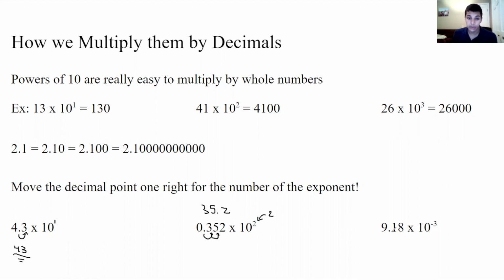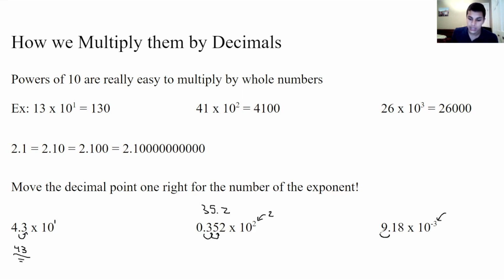And with this example, this one's a little bit tricky. We actually have a negative number in the exponent. Now here's what this means. Instead of moving the decimal point to the right, we're actually going to move it to the left because we have a negative number in our exponent. So we move it negative spot to the right, which is to the left. So let's move it 3 spots to the left.